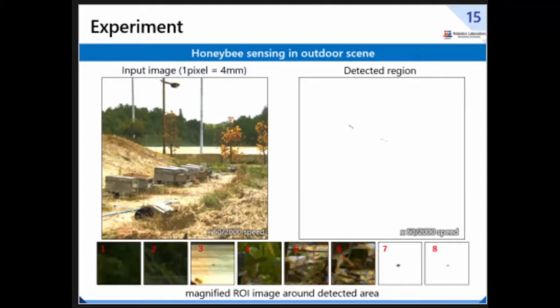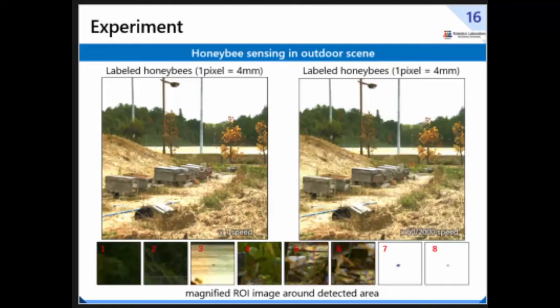These videos correspond to high-frame vision. We can realize multi-object localization and tracking using TFR matching and labeling. These videos show the labeled honeybees. As you can see, we can track the multiple honeybees.